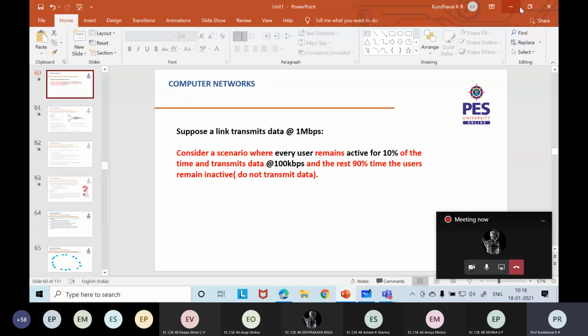So I repeat, suppose a link transmits data at 1 Mbps rate. Consider a scenario where every user remains active for 10% of the time and transmits data at 100 kbps, and the rest 90% of the time the users remain inactive.